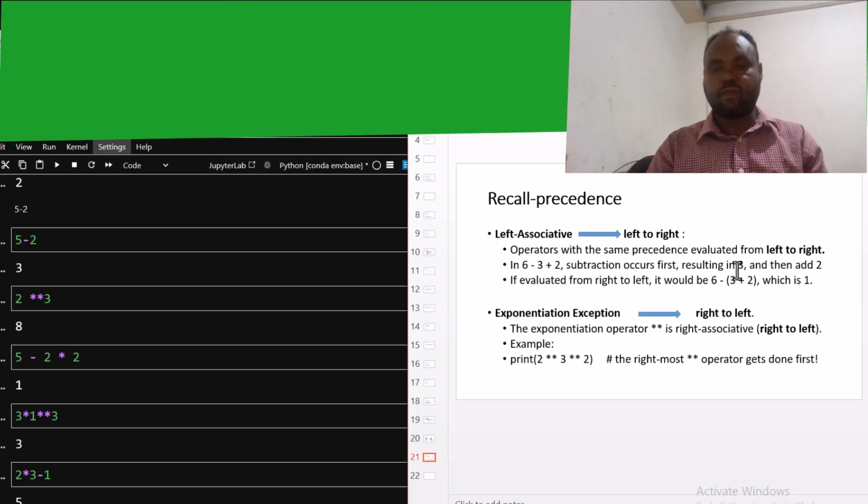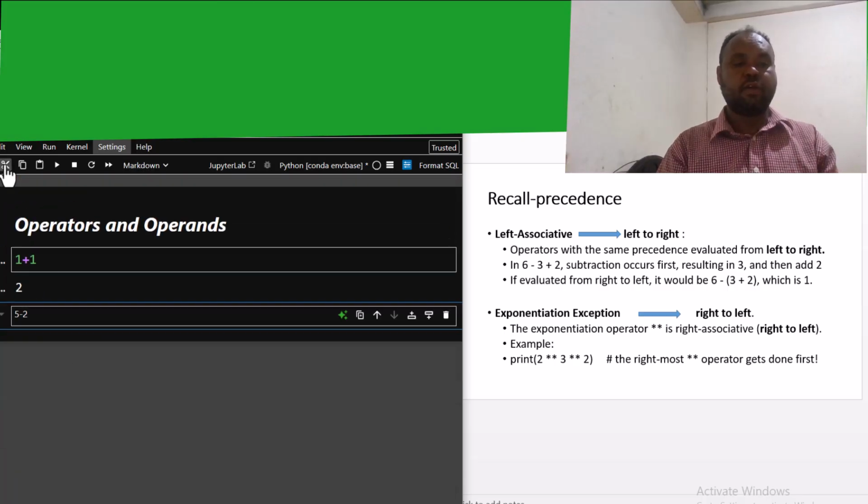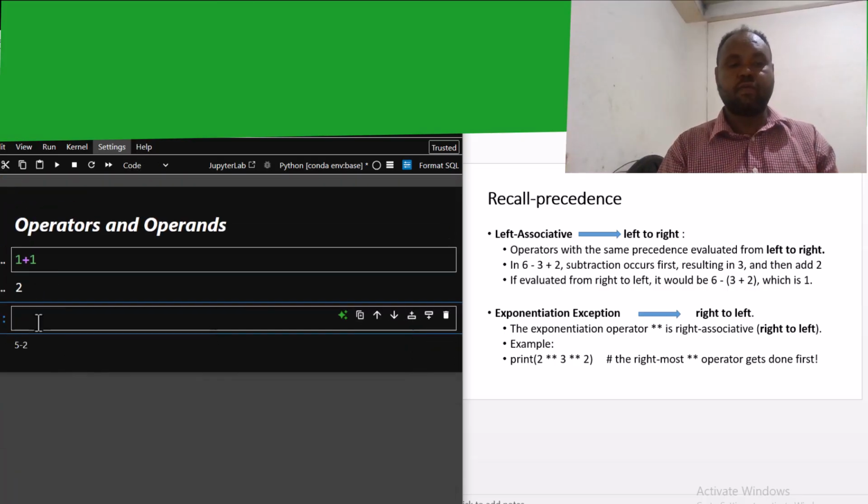The next one is about operators with the same precedence in an expression. Left associative means evaluating from left to right. If we have the same precedence in our expression, we have to evaluate them from left to right. For example, consider this one, 6 minus 3 plus 2.